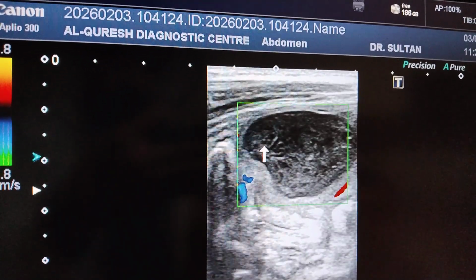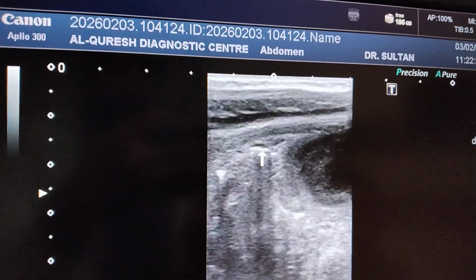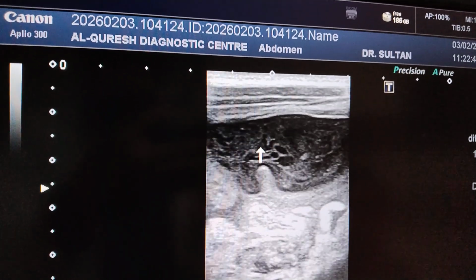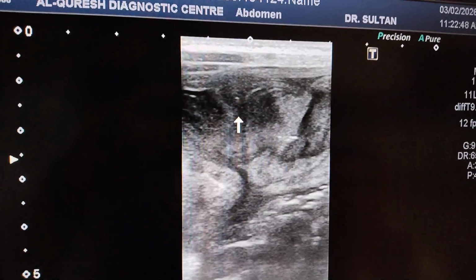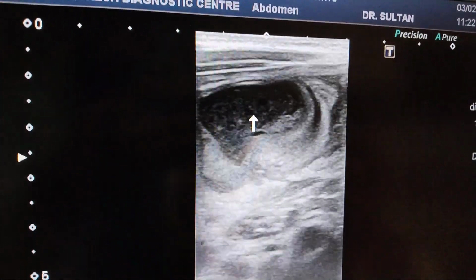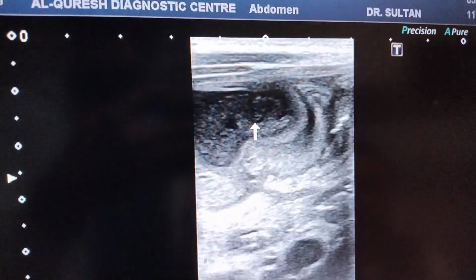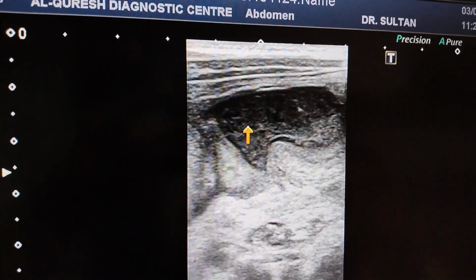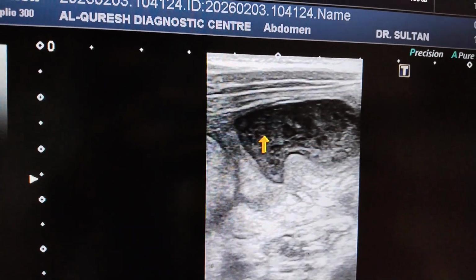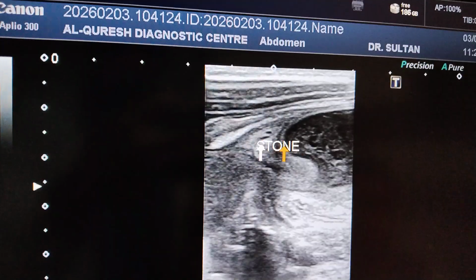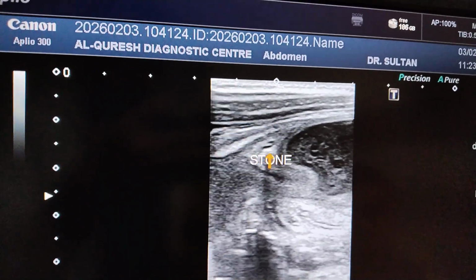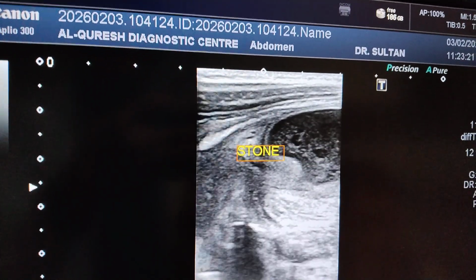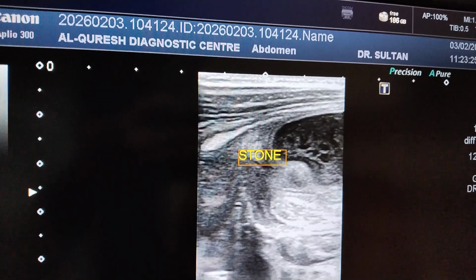So this was a case of acute appendicitis that further worsened, and then the appendix became gangrenous. When the appendix became gangrenous, this appendix invaginated, or projected, into the distal ileum.